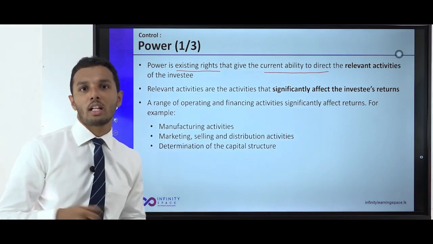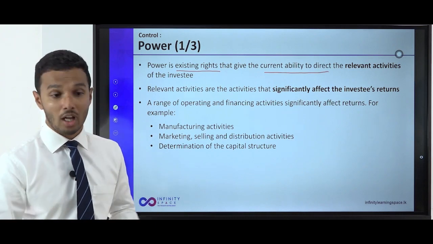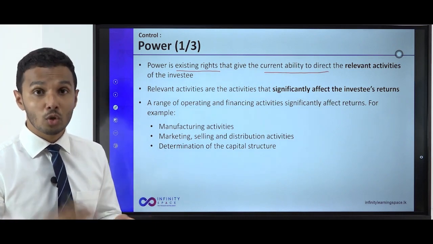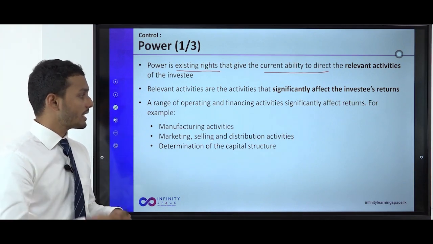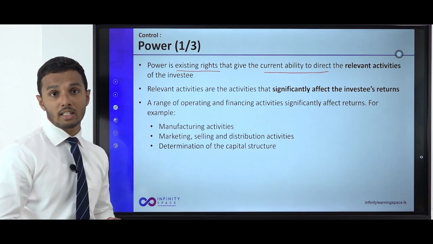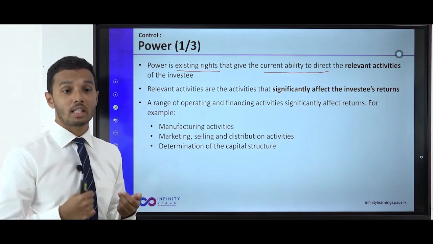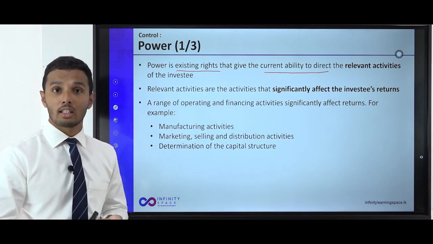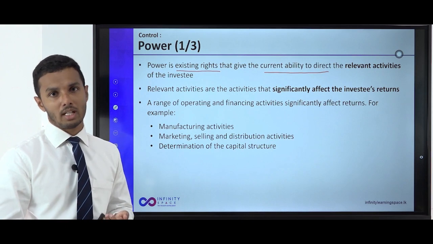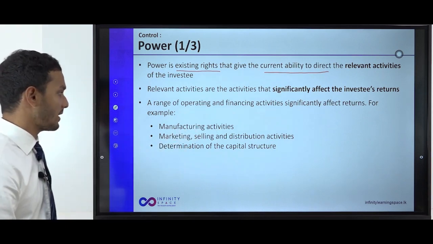They involve decisions like what to produce, how much of it to produce, and what should be the quality of our products, right? Then we have marketing, selling and distribution activities. After we have manufactured, or even before we manufacture, we have to decide at what price are we going to sell, whom are we going to sell it to, how are we going to distribute our products, right? So these are marketing, selling and distribution activities.